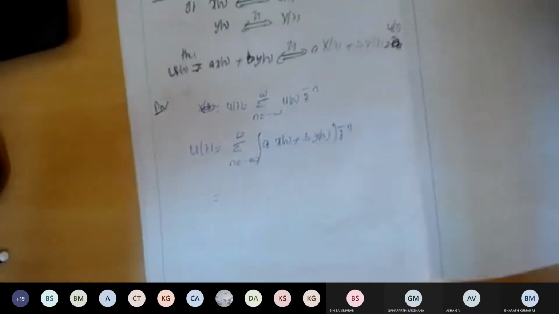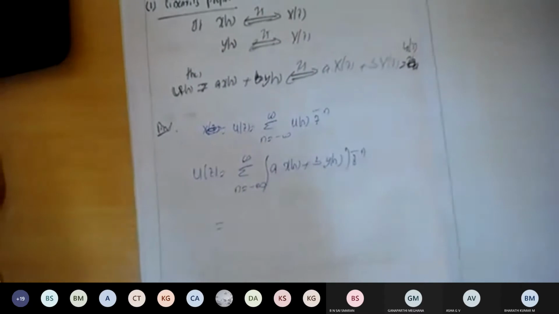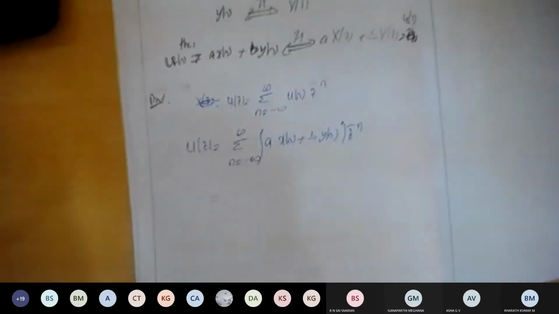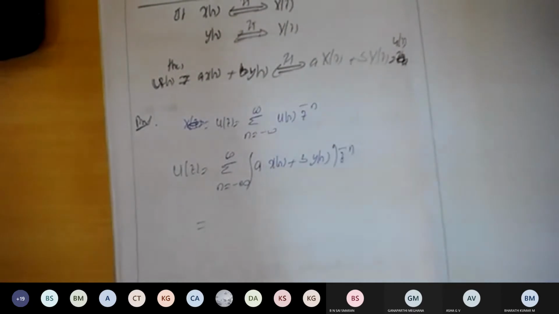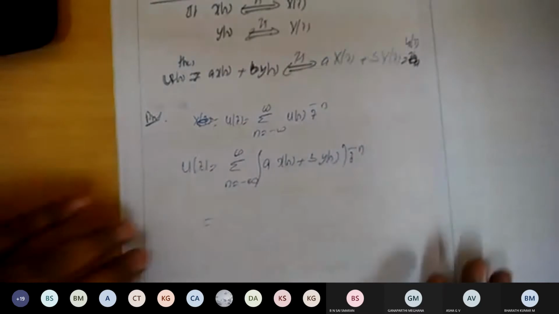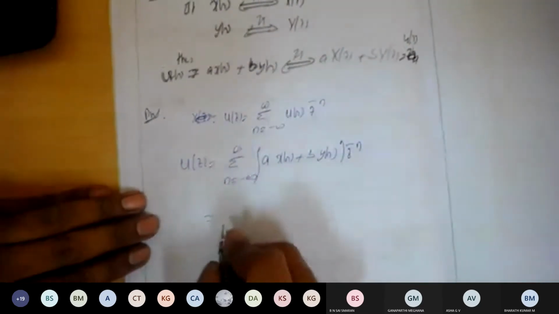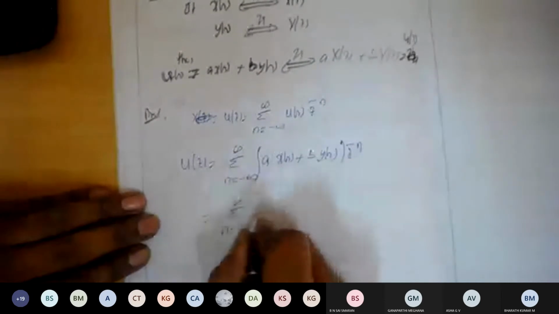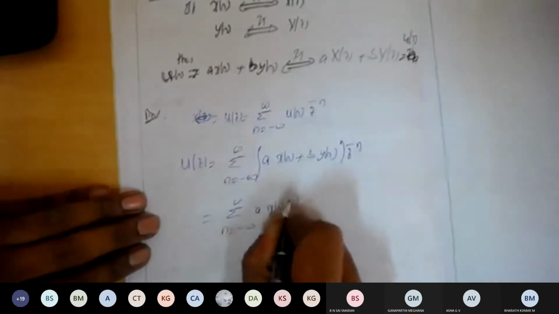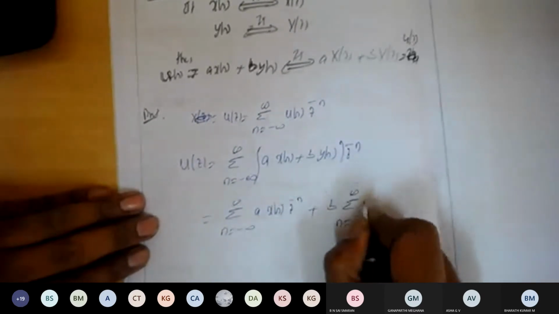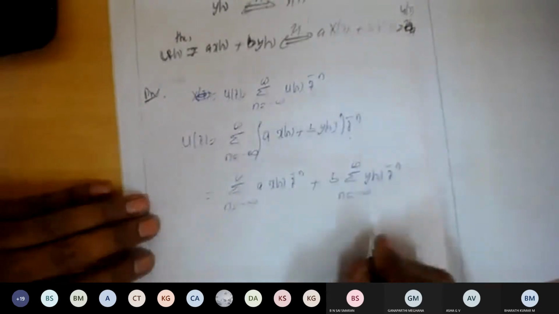If we split the summation, this becomes the summation n equal to minus infinity to plus infinity of a into x of n into z to the power of minus n, plus b into the summation n equal to minus infinity to plus infinity of y of n into z to the power of minus n.